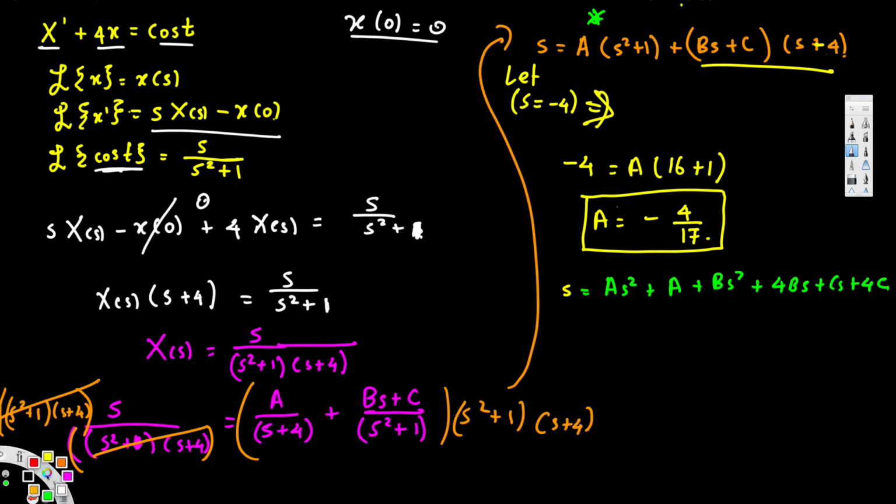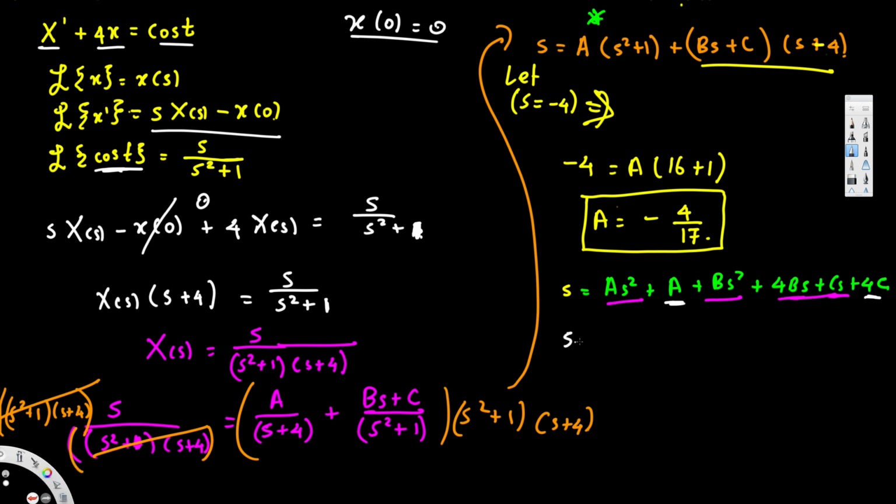Now here what we have to do is compare these s square terms, then the s terms, and then the constants. Constants are these two. So let's combine all these terms together.